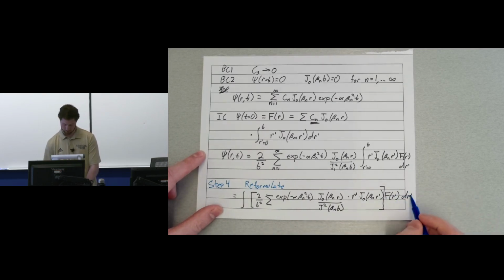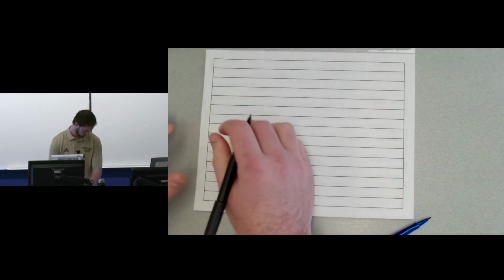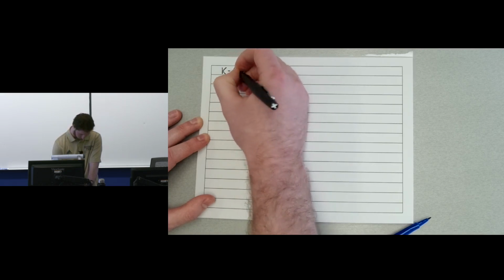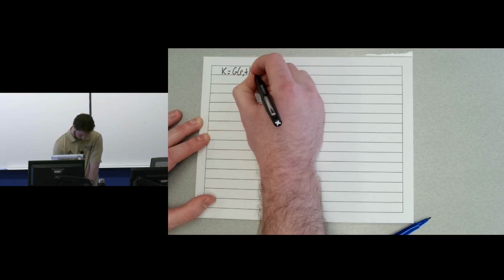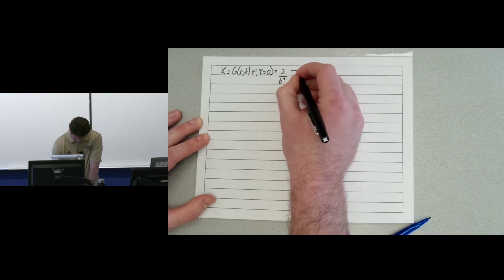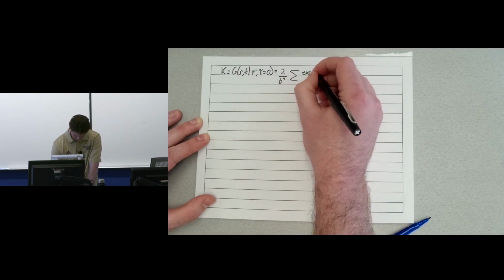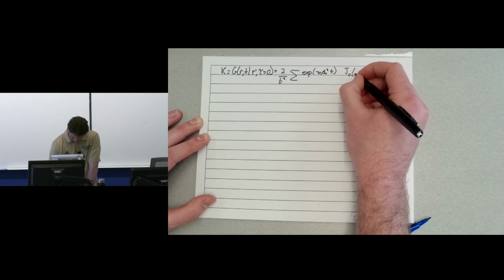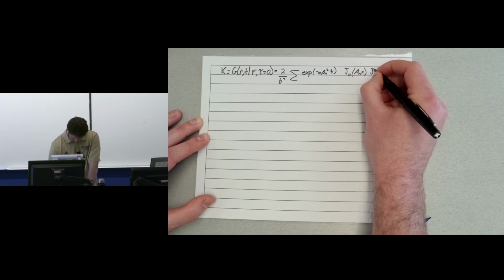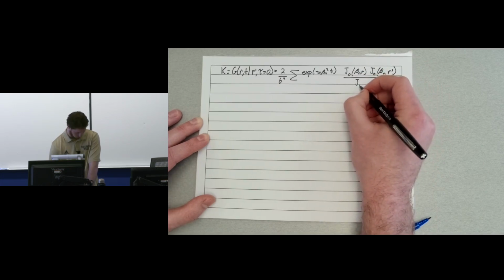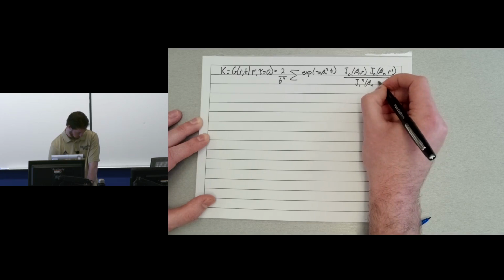Yep, so we'll drop these for our kernel, and we'll drop the integral, which then is going to give us, if I can get this paper straight, G of r and t, affected by our impulse at tau equals 0, is equal to 2 over b squared, our summation, our exponent, negative alpha beta n squared t, times J naught beta n r, J naught beta n r prime, over J1 squared beta n b.